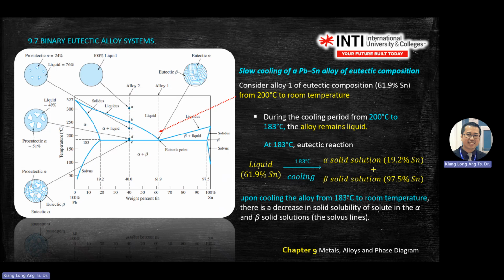So if you touch this line, it means the amount of beta that can dissolve in alpha becomes smaller and smaller. Less and less beta can dissolve into alpha. Same with this one. This one is less and less alpha you can dissolve into beta. So solid solubility of the solid element is called solvus line.